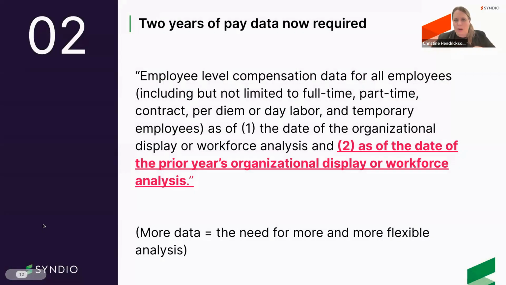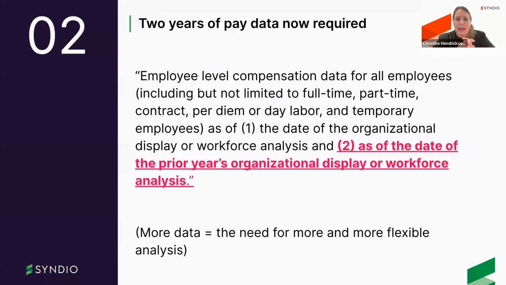The second requirement is that it used to be that the OFCCP would only require that contractors submit 1 year of compensation data to the OFCCP at the start of an audit.